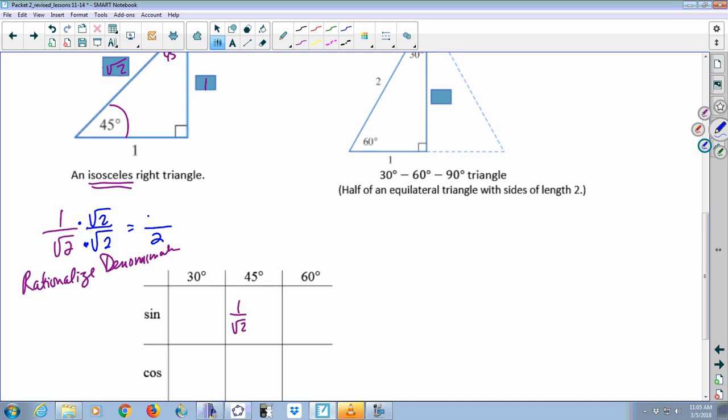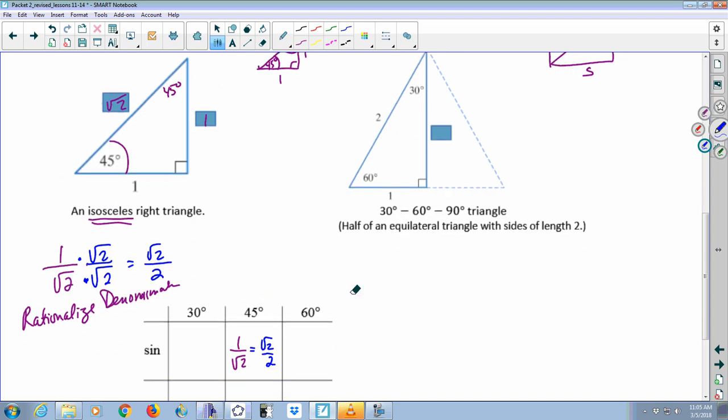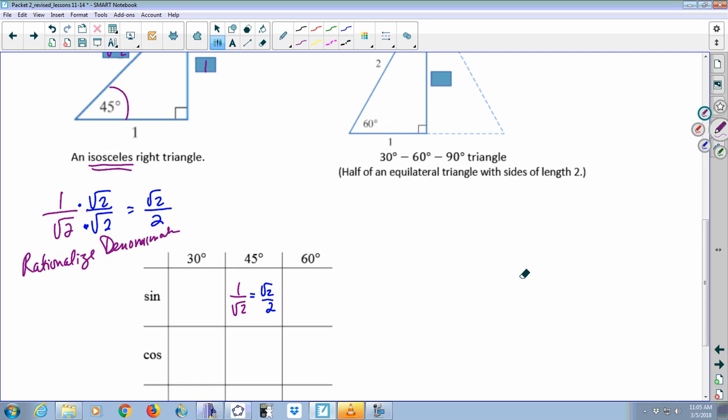So this is square root of 2 over 2. And that's how we'll write it for the rest of the period, the rest of the semester. Square root of 2 over 2. Cosine, adjacent over hypotenuse, same exact thing. 1 over the square root of 2 equals square root of 2 over 2.